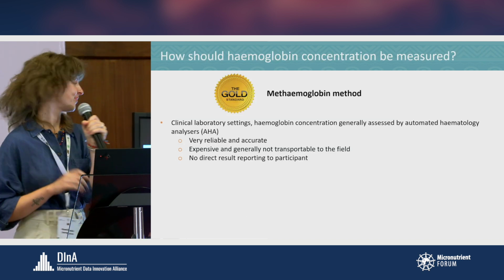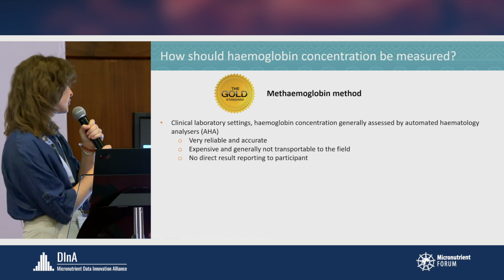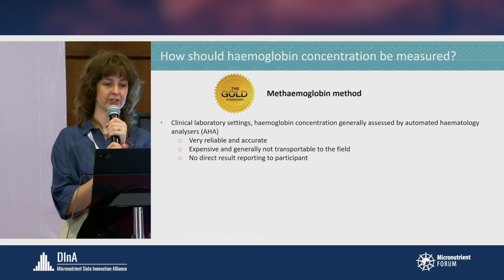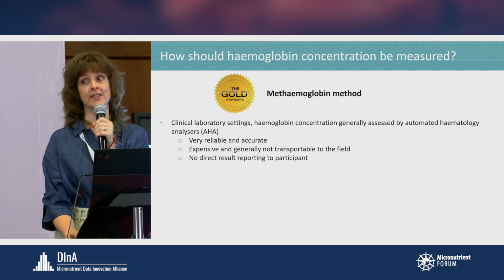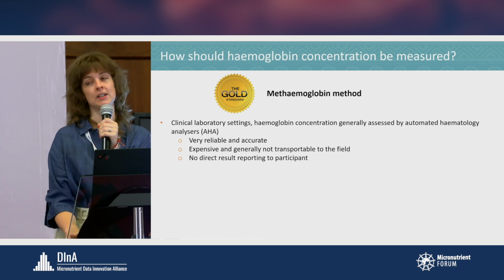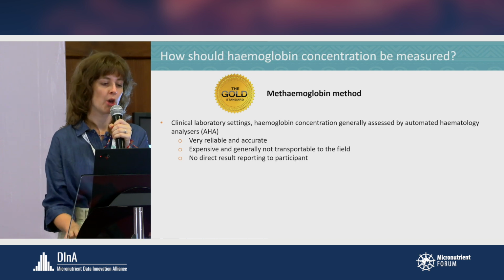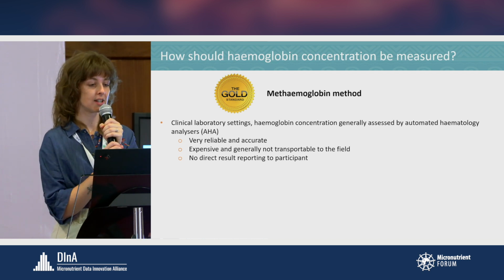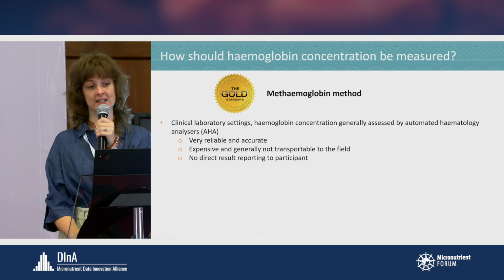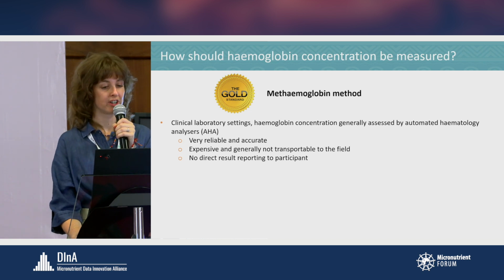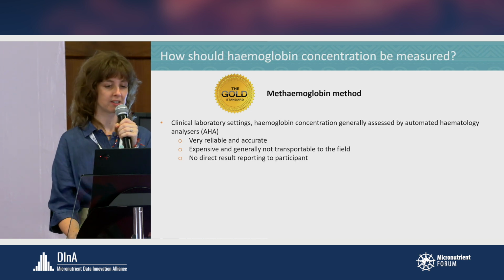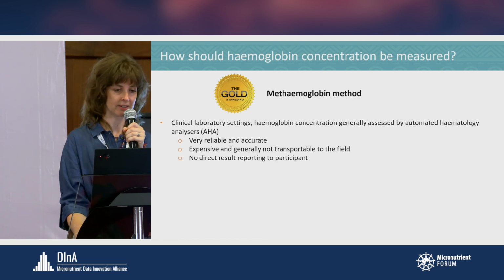First of all, how should hemoglobin concentration be measured? Well, the gold standard is the hemoglobin method, but as we all know, most of the time we look at hemoglobin. So in the brief, we say that in the clinical laboratory setting, the hemoglobin concentration is generally assessed by an automated hematology analyzer.